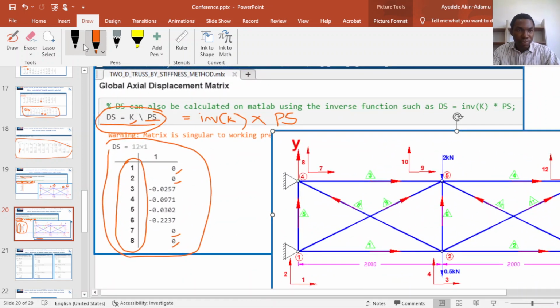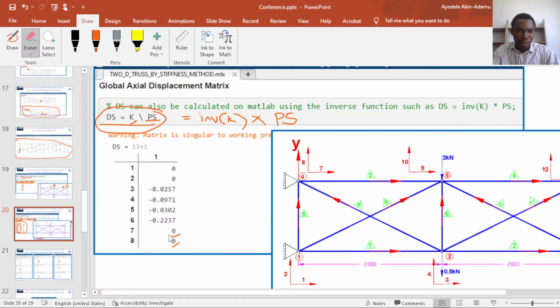At node 3, we have minus 0.0257. What does this value mean? This is minus 0.0257 mm. It means at node 3, this is the direction. It means this node moves horizontally to the left because it is negative. Because of this negative sign, it means that this node moves to the left by 0.0257.